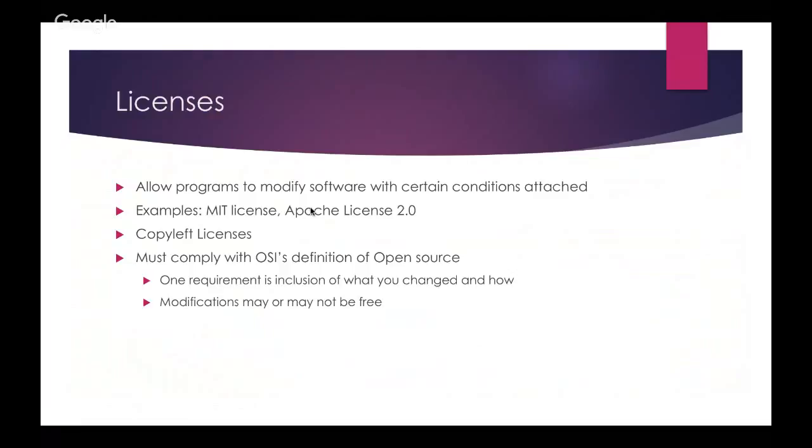So if somebody manipulated the software in some way, they must include what they changed and the methods that they used to change it. And modifications may or may not be free, again, depending on whether you have a copyleft license or a different kind of license.